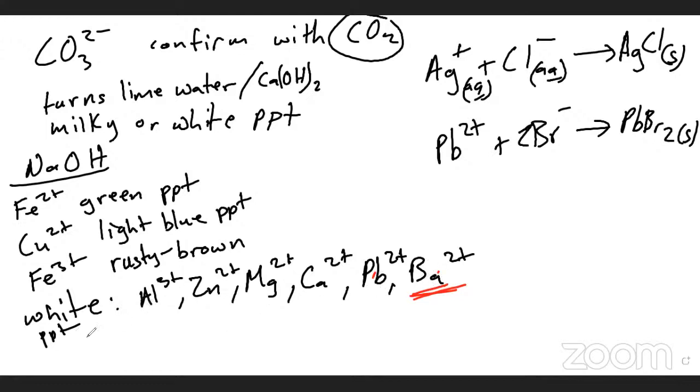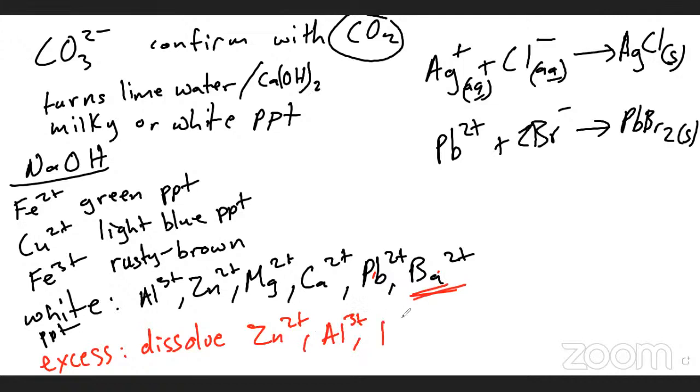So white precipitate, any of these, that is when you add it drop-wise. When you add sodium hydroxide in excess, if it dissolves in excess, you have zinc, aluminum, or lead.